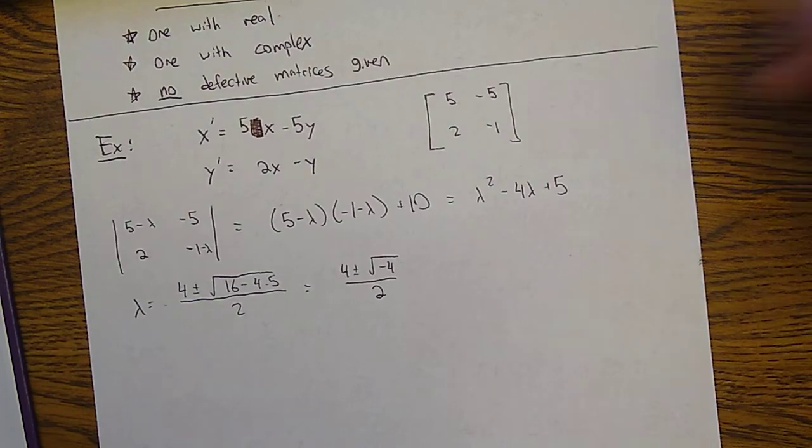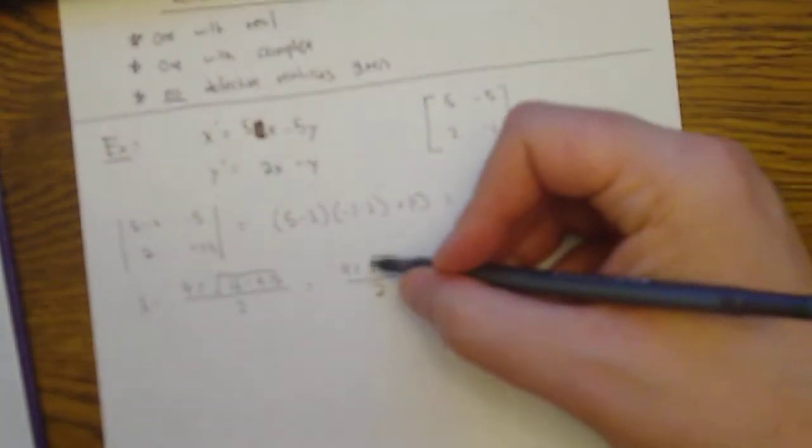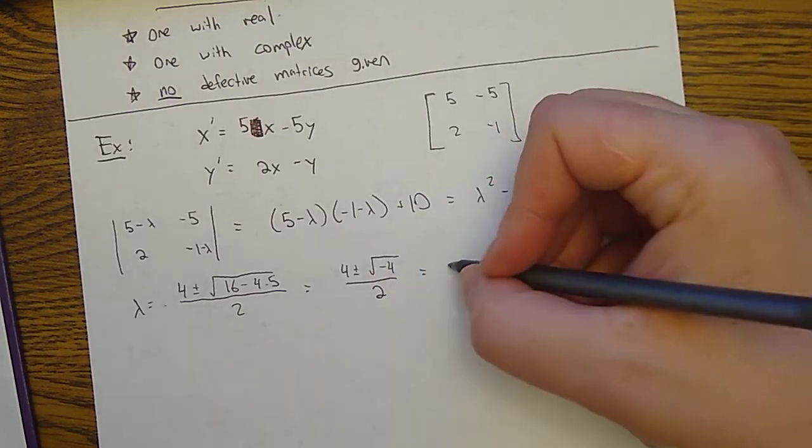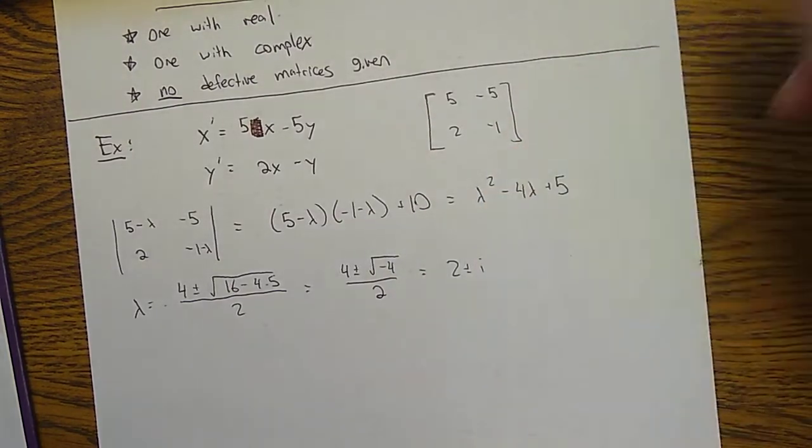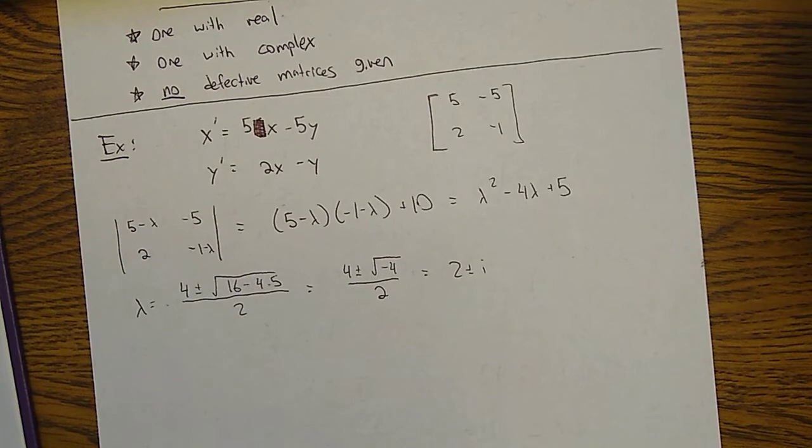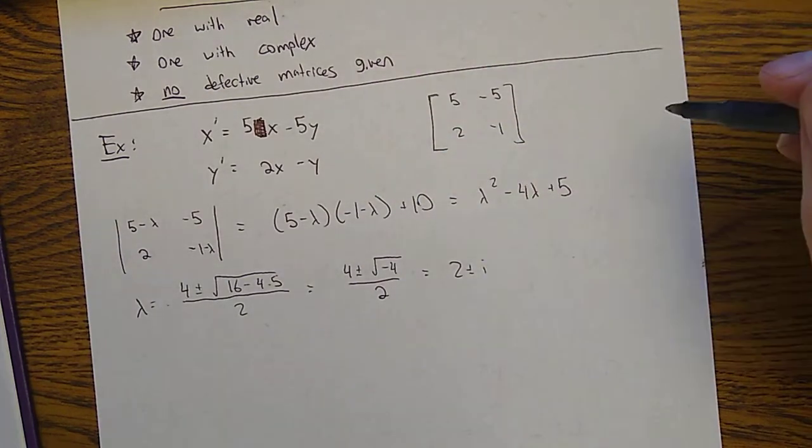So I've got that. So this is 2i. When I divide it by 2, I get 2 plus or minus i. Okay, so we are doing the complex one.